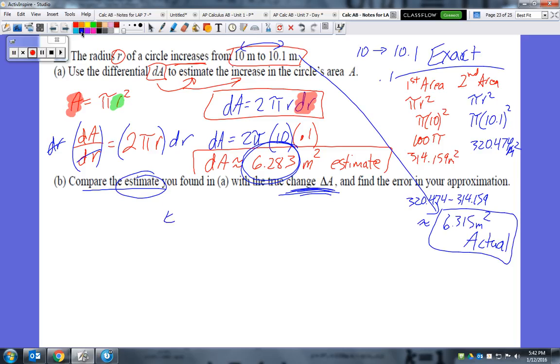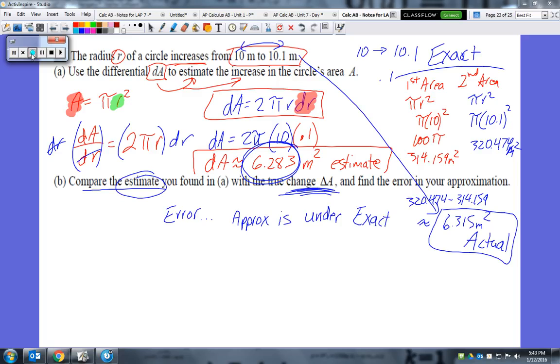We would say the error is, hold on, let me come over here. We would say the approximate is under the exact.